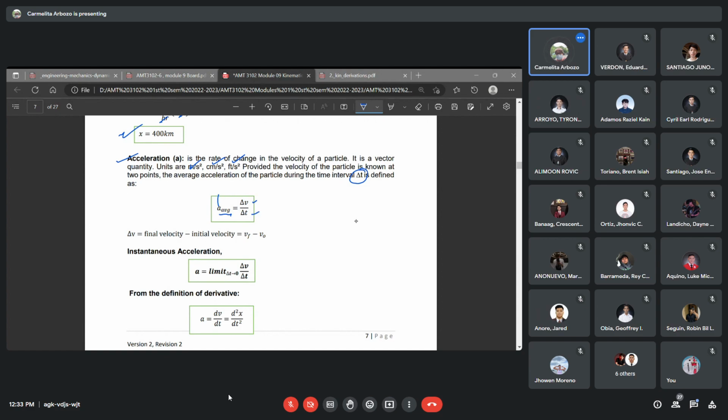Okay? So, para makuha mo yung change in velocity, yung final velocity mo minus the initial velocity. Okay?